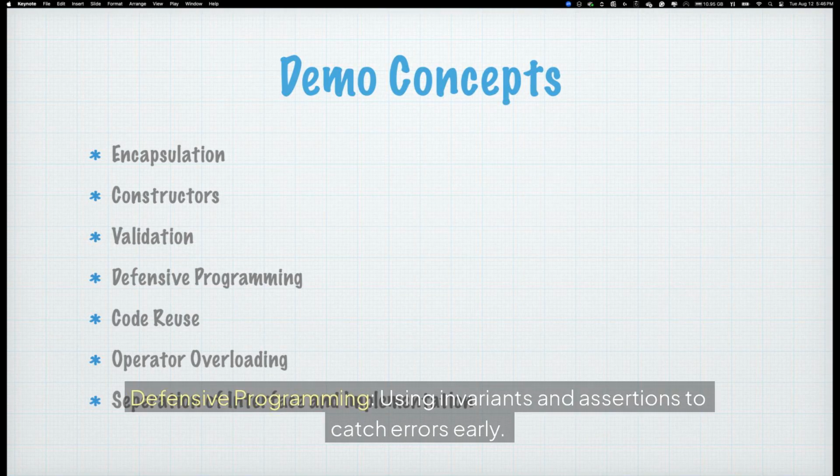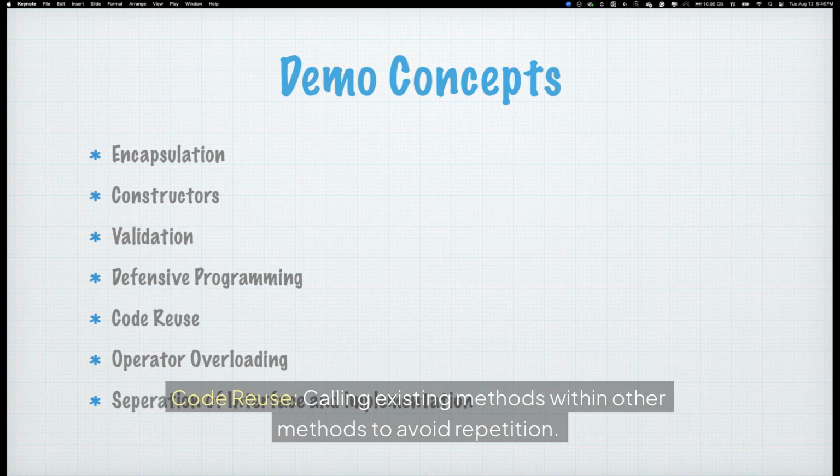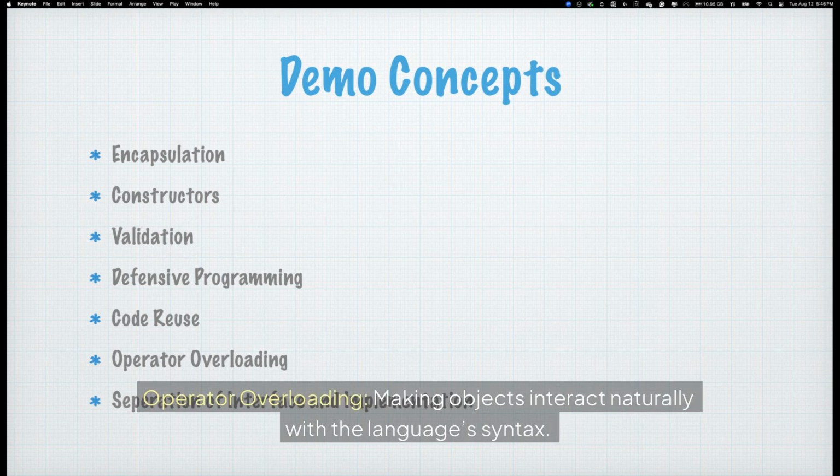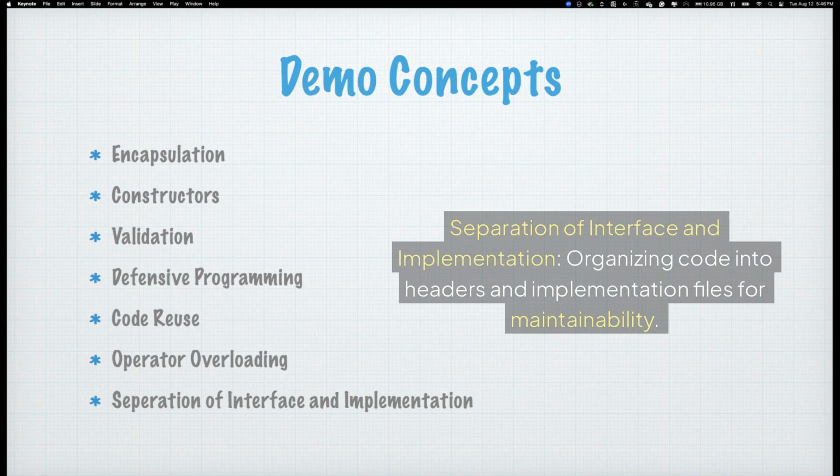Defensive programming, using invariants and assertions to catch errors early. Code reuse, calling existing methods within other methods to avoid repetition. Operator overloading, making objects interact naturally with the language's syntax. Separation of interface and implementation, organizing code into headers and implementation files for maintainability.